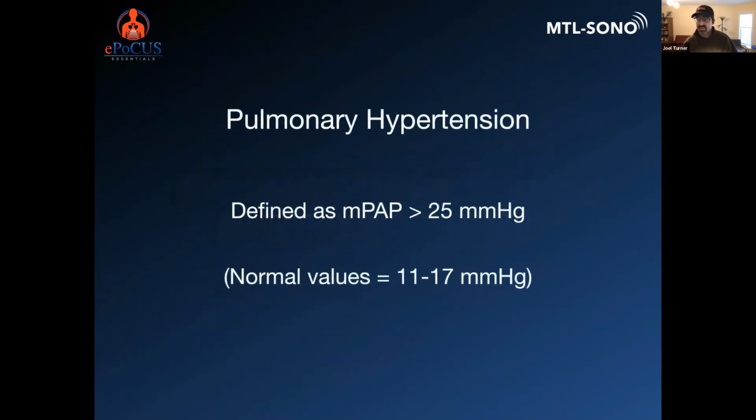Remember that the mean systolic pressure in a normal patient is going to be anywhere from 80, 90 to 100 millimeters of mercury. And that's why the LV is so thick. But normal pulmonary vascular resistance or pressures will be anywhere from 11 to 17 millimeters of mercury. And so pulmonary hypertension is defined as anything greater than 25 millimeters of mercury, and this is what needs to be assessed.